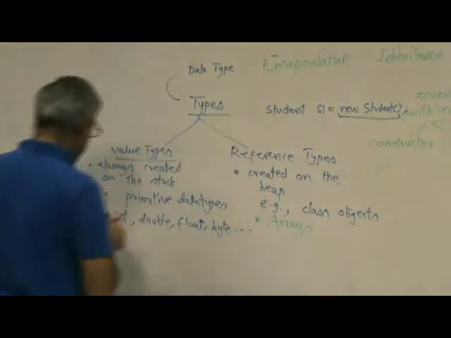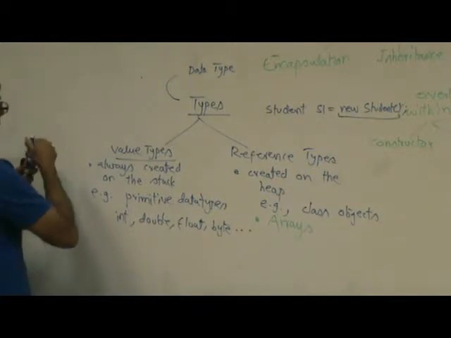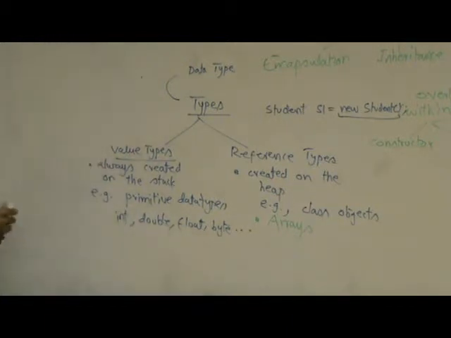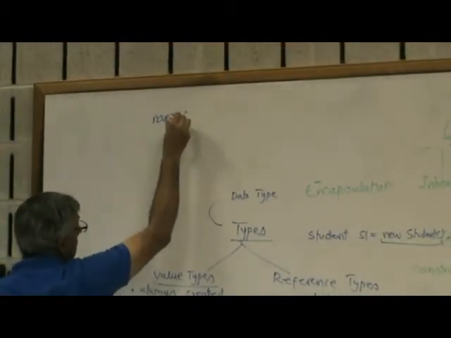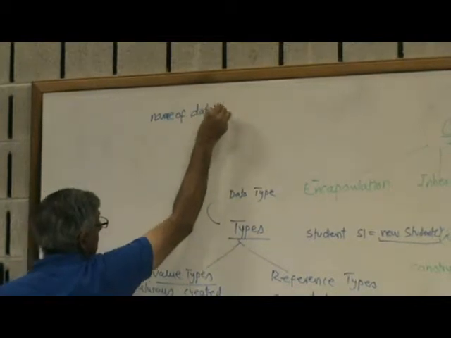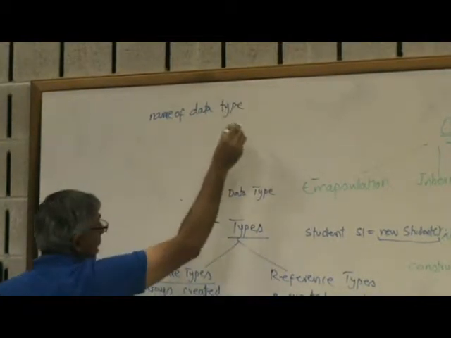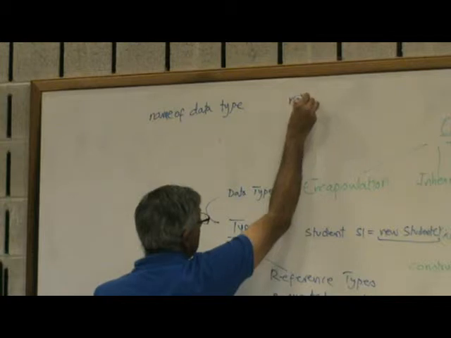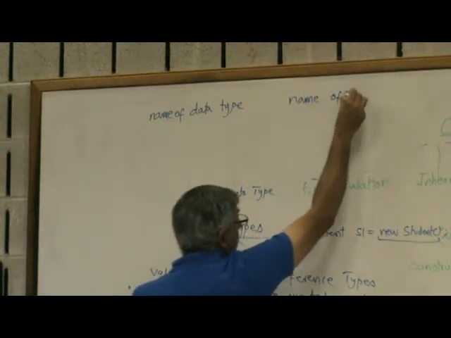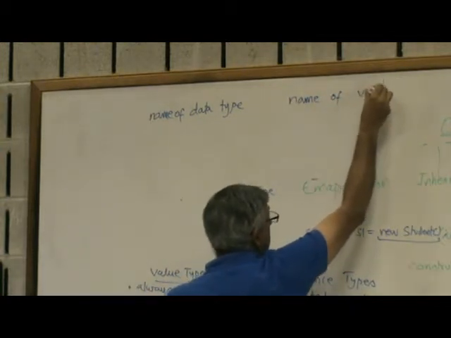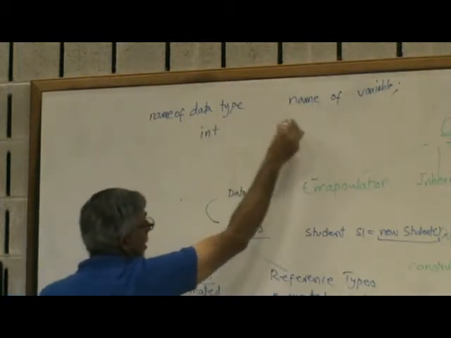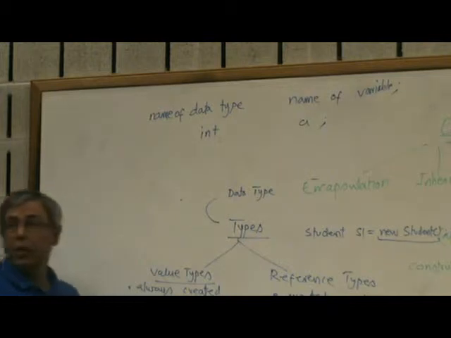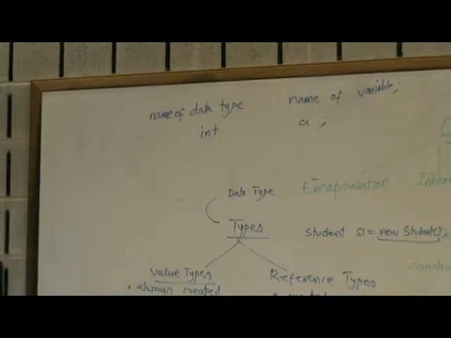Okay, very easy. Remember the basic philosophy in C-style languages is we first declare the name of the data type, followed by the name of the variable. For example, int. That's how we declare a variable.